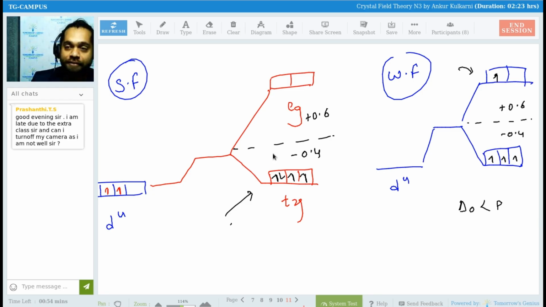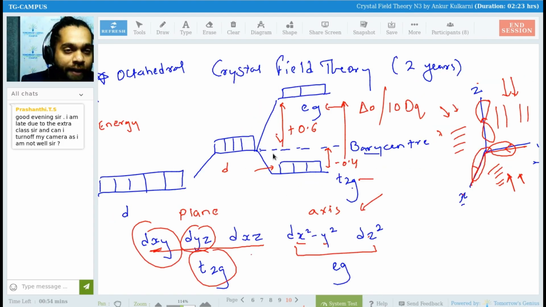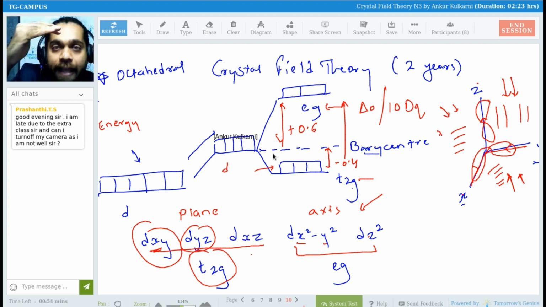Anyways, come back. So strong field and weak field, pairing and no pairing. That is how you have to solve it. Anthony, Kevin, I'm explaining once again. So in the CFT, we have everything at the same energy level. As the ligand approaches, your d orbital goes higher in energy. As the ligand attaches, your d orbital splits into two: t2g and eg.